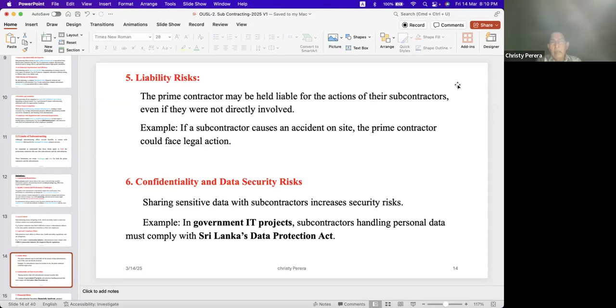NMRA, I think you can remember, the Health Department NMRA, one day all the IT system got fired and destroyed. Later we found the main company had given that security part to a subcontractor.